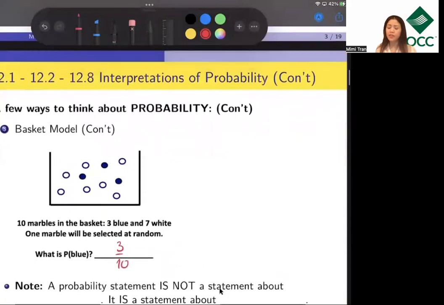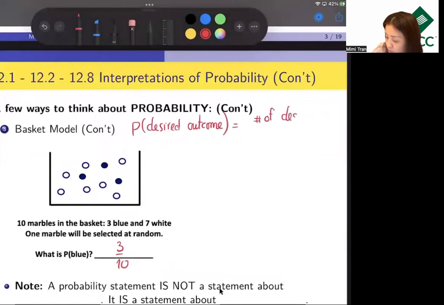So let me tell you, in this baskets model, the formula is this: the probability of the desired outcome is equal to the number of desired outcomes divided by the number of possible outcomes.